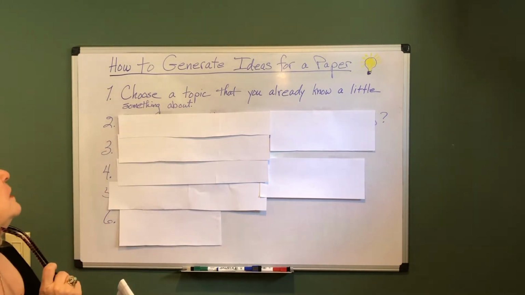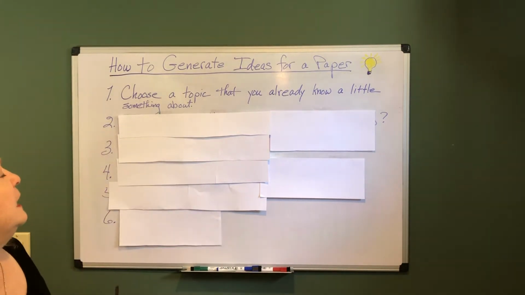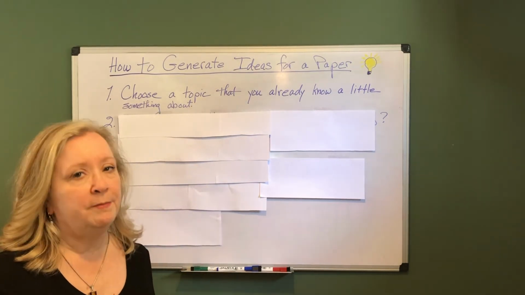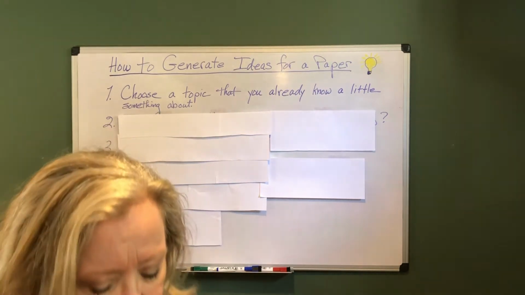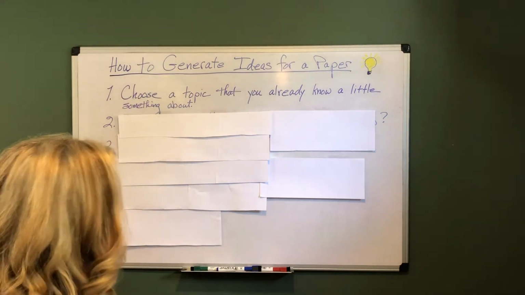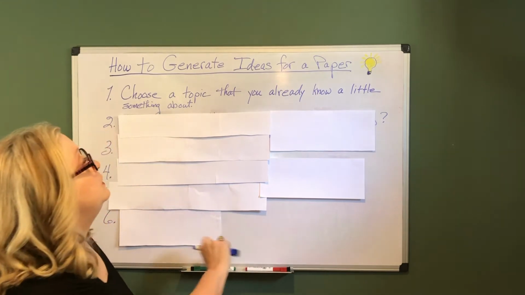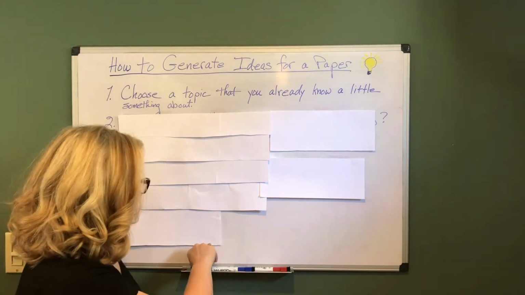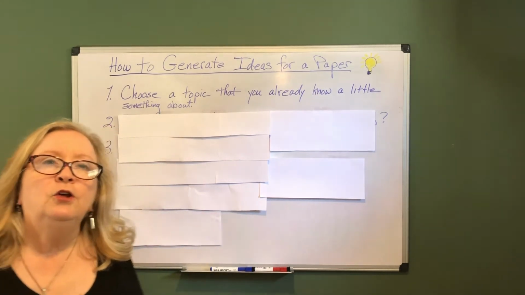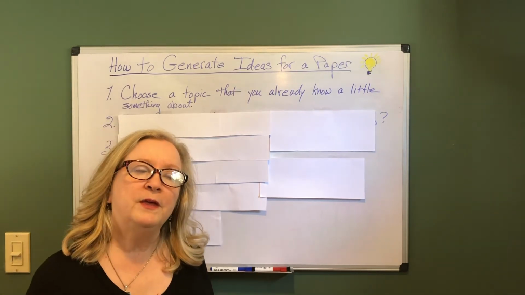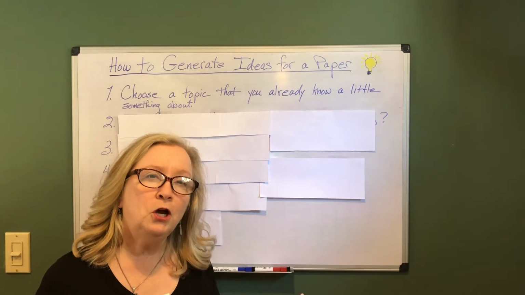The very first thing that I would suggest is that you choose a topic that you already know a little bit of something about. There are a couple of reasons for this. One is when you go to do the research, you'll be able to judge a little bit better whether or not something fits in with what you already know.